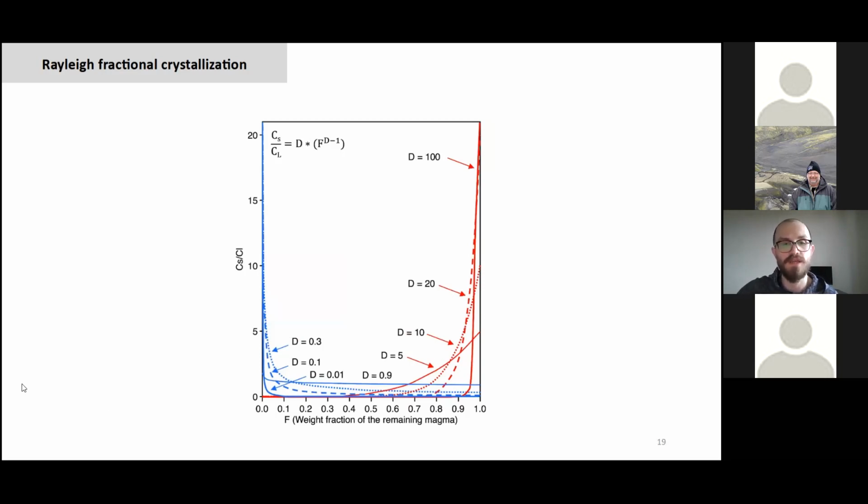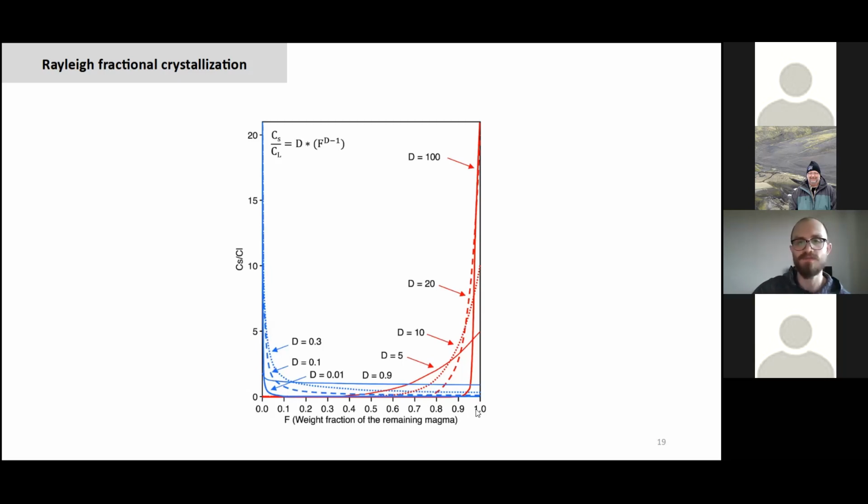So here we have a binary diagram showing the variation in incompatible elements in blue and compatible elements in red as a function of magmatic evolution, with 0 here indicating completely solidified rock and 1 being completely melt.